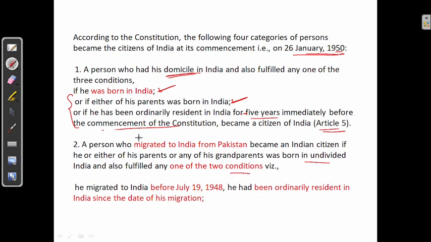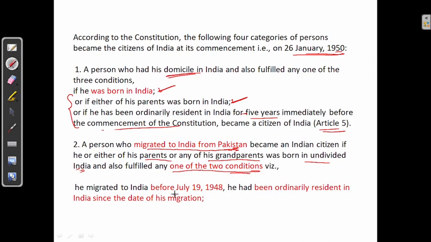See, next is a person who migrated to India from Pakistan. He will get the citizenship if he or either of his parents or any of his grandparents were born in undivided India, or else if they satisfy the following 2 conditions. What are they?